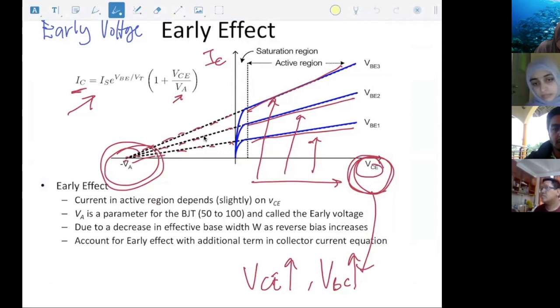You need to know the mechanism and how you get the early voltage. In undergraduate, you learn about early voltage, VA, from this equation over here. In this class, you understand why you get early voltage. That's covered in the previous class.